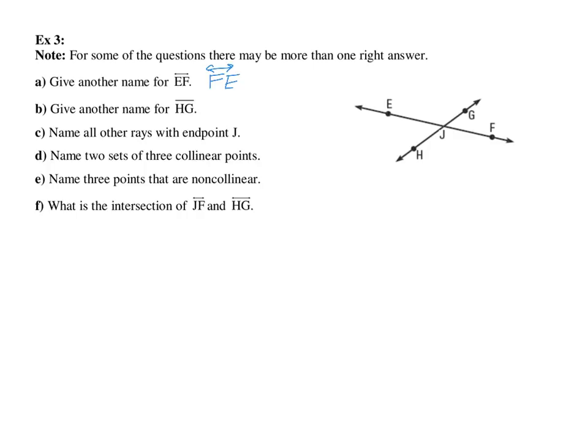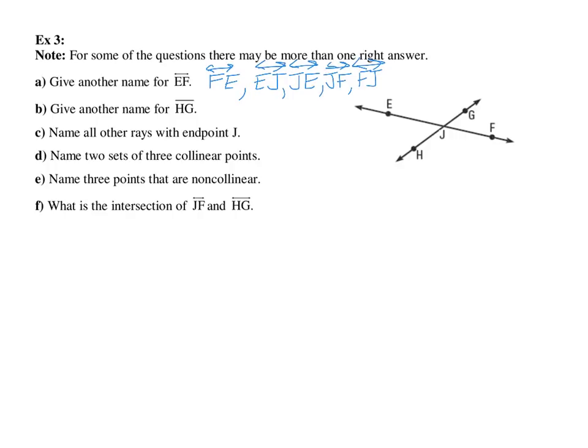You could call it EJ or JE. There's a lot of different right answers here. You could also call it JF or FJ. So we have 6 different ways of referring to the same line.